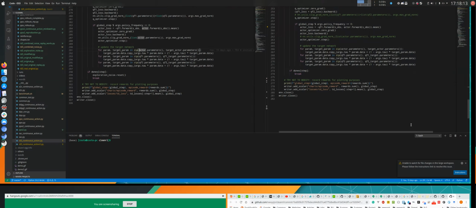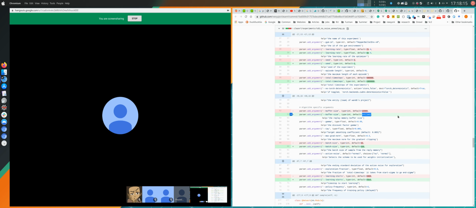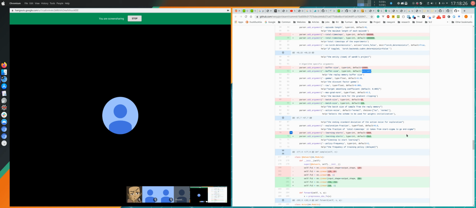So that's the first major discrepancy in terms of hyperparameters: the original author's implementation uses a significantly larger buffer size. And the other major discrepancy in the hyperparameters is when you do the training, the author uses a much larger batch size.